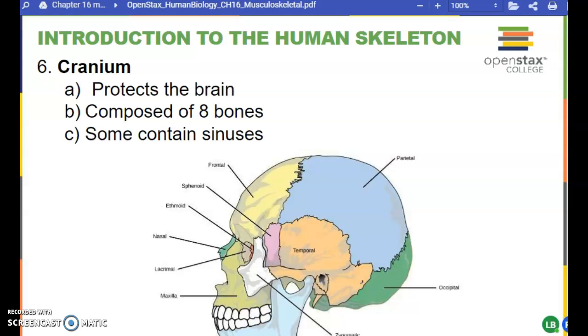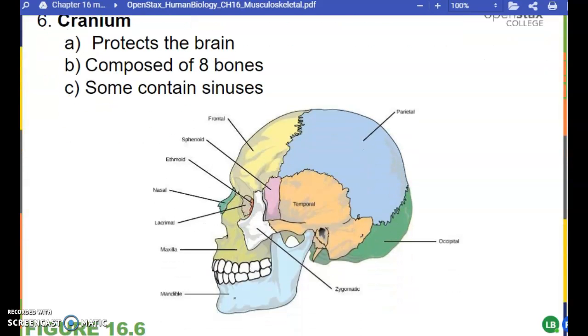I am not going to expect you to memorize those. We just don't have time to do that, but just understand that there are all of these different bones: the occipital, parietal is really the largest, temporal around the temple, that kind of makes sense. Frontal at the front, so some of them are really obvious.